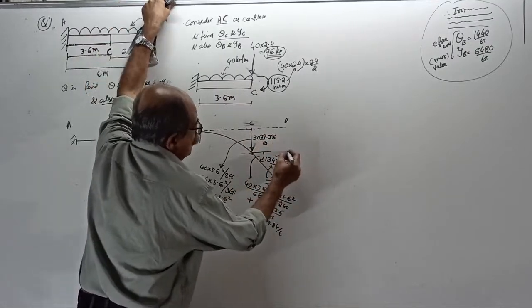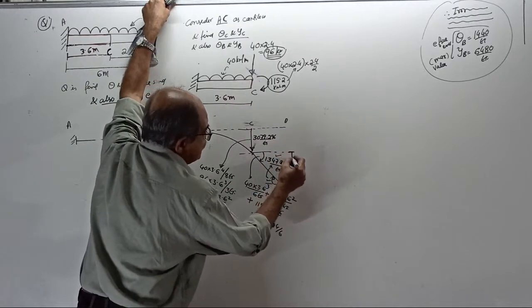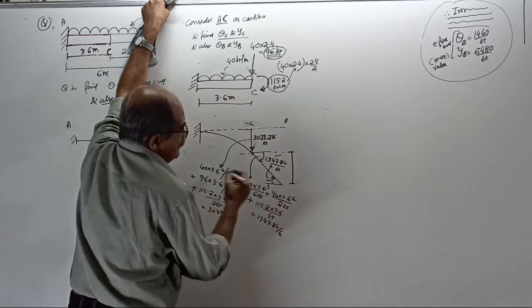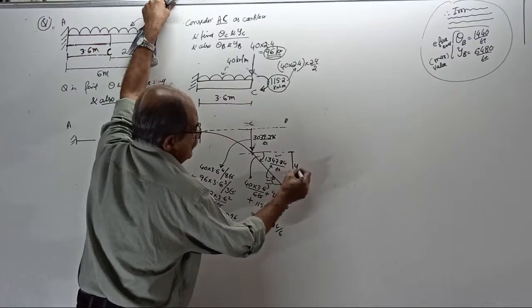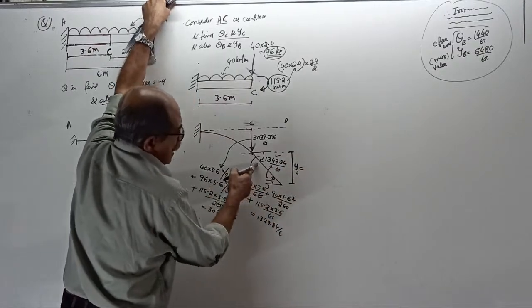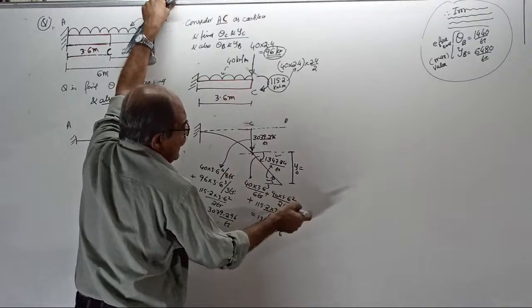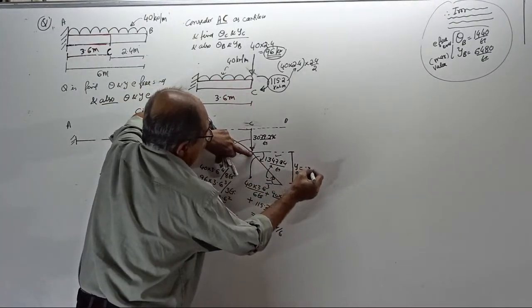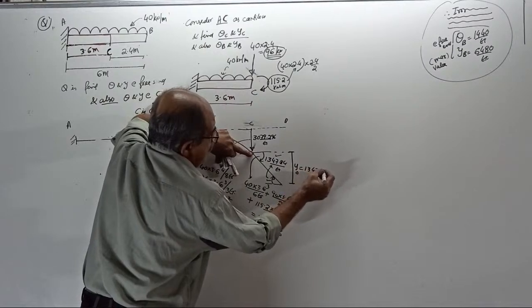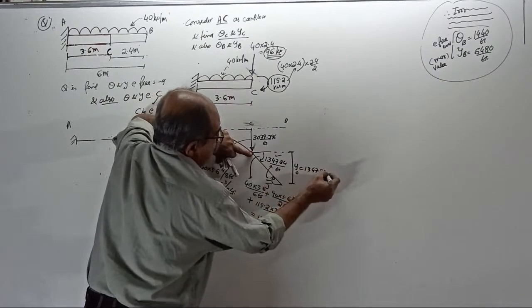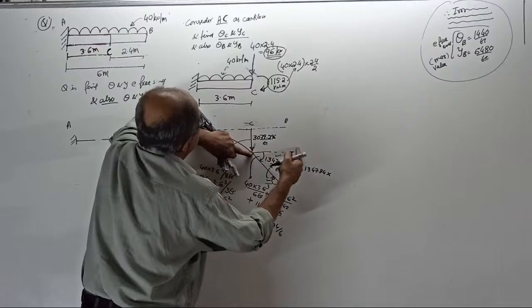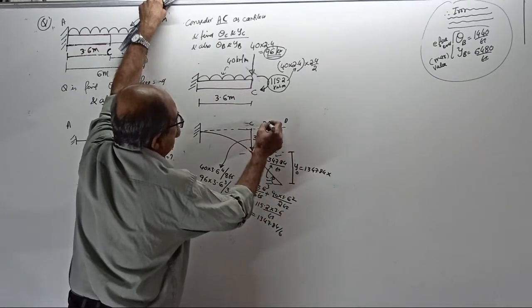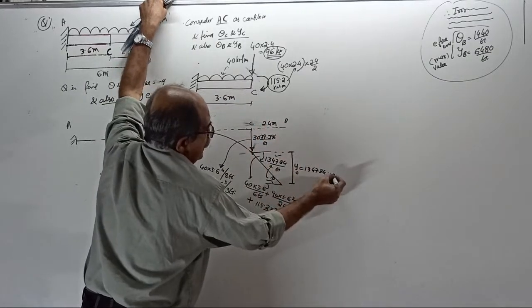Now you find the extra deflection here. That I used to call Y naught. I already told you repeatedly last time, so I won't explain now. It is 1347.84, the theta, multiplied by the subsequent distance, 2.4 meter, into 2.4.